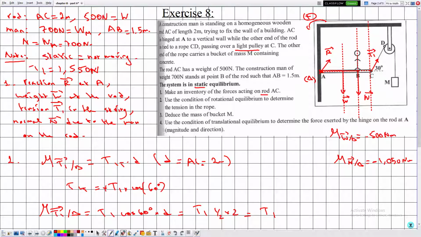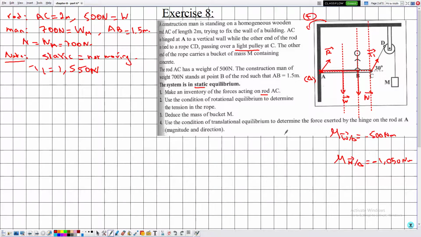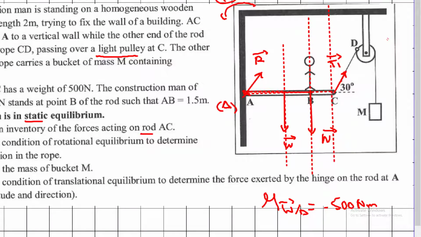Let's proceed. Now they are telling us to deduce the mass of the bucket M, and by deduce it means that we use the previous part. In the previous part we have determined the value of the tension. Now notice that if this is the tension T1, here we have another tension like this. This tension will be equal to this tension because the string is inextensible.